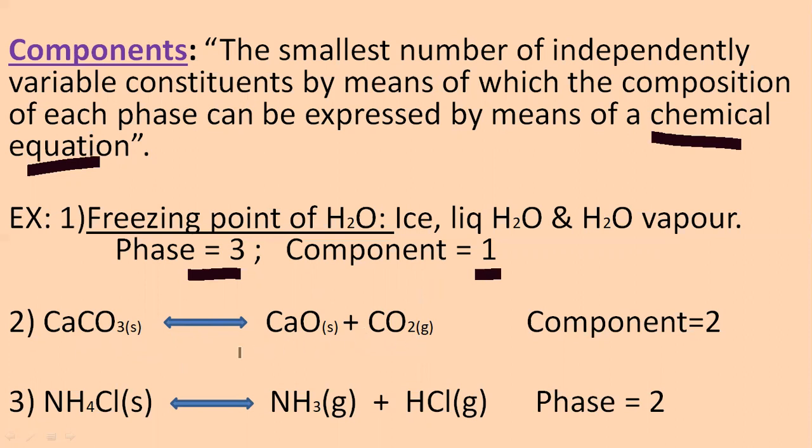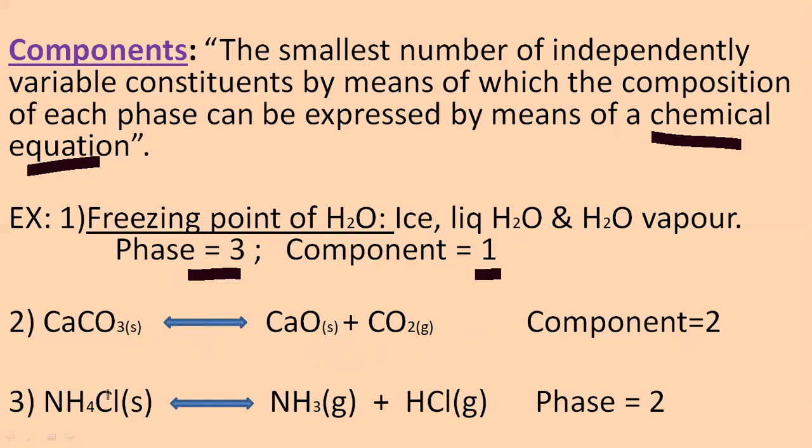So the number of phases will be 2, one for the solid and another for the gaseous state. The number of components also is equal to 2, because here we are observing two different chemical compositions.